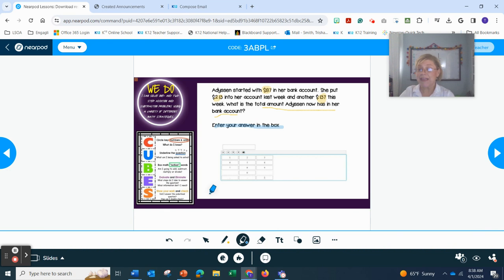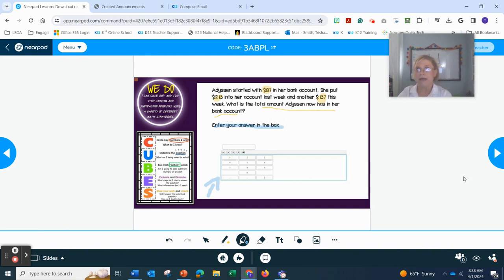Now remember, with this type of answer choice, it does look like a calculator, but it really isn't. We're just going to hit the numbers at the end. So how are we going to do this? Think about it. Are there equal number of groups? There are numbers, but they're not equal and they're not grouped.